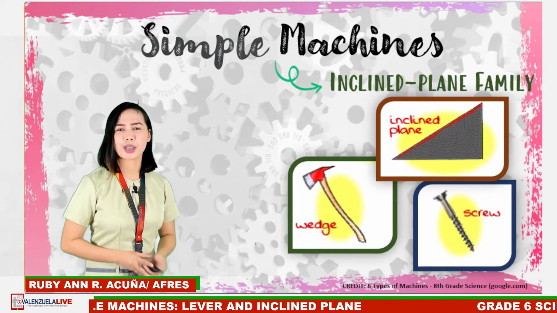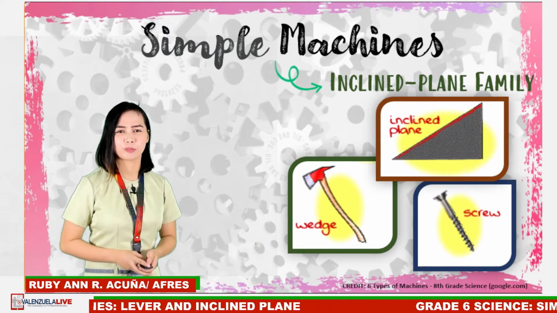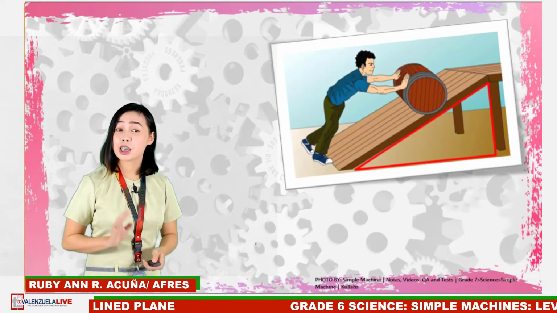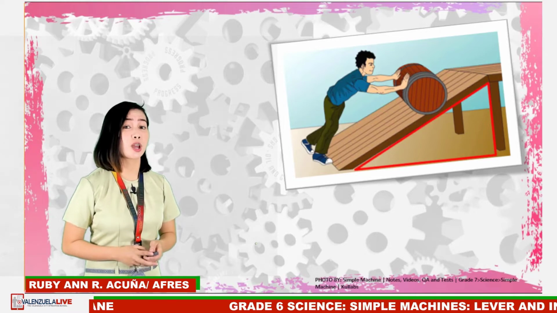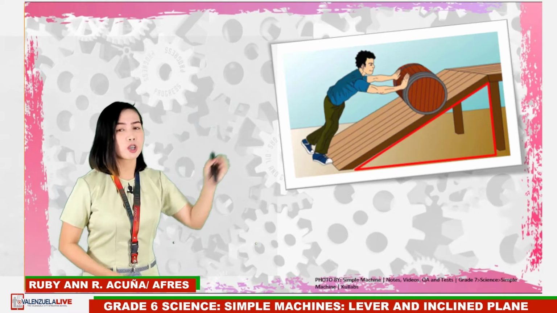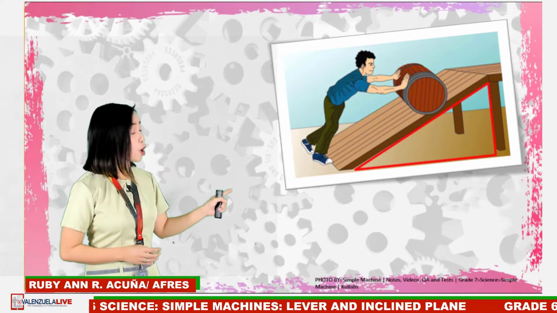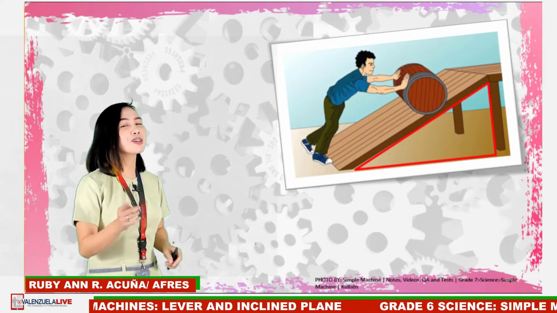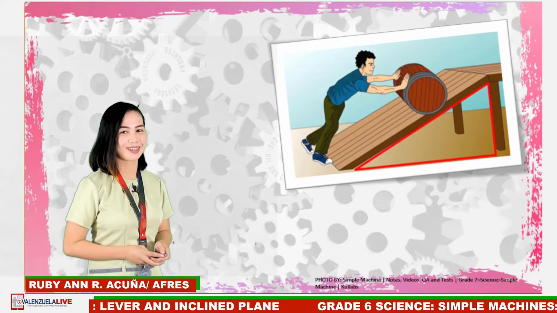So what can you say about the picture? Is it easier for the man to transfer the barrel from the ground to a higher place using this piece of wood? The answer is yes, of course.